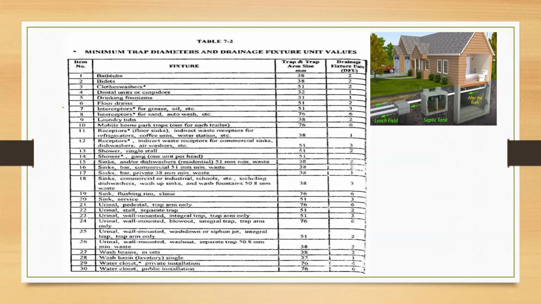Okay, sa table 7-2, minimum trap diameters and drainage fixture units. Ito po yung sinasabi ko kanina na nakatabulate yung plumbing fixture at sa column 3, nandyan yung minimum size. Like for example, for number 28, so the minimum size is 32 mm or 1 1/4 and the DFU is 1.